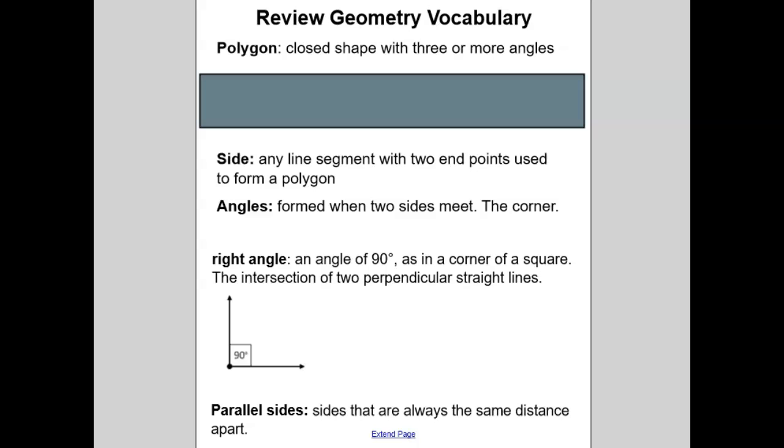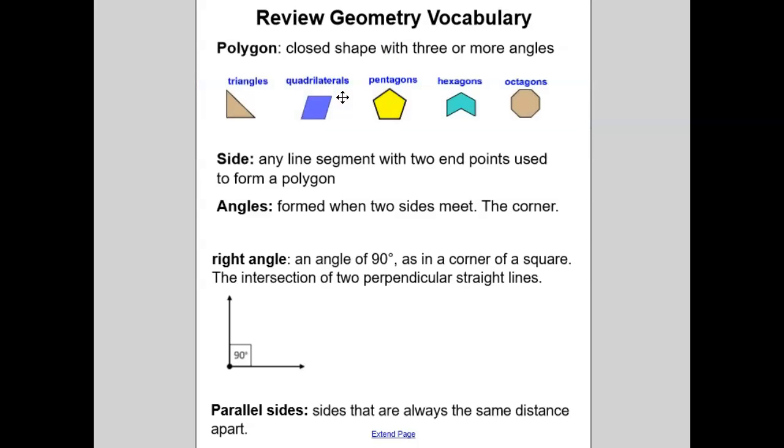Boys and girls, there's even more that you know. You know that a polygon is a closed shape with 3 or more angles. I have another task for you. Would you please pause the video and write down the names of all the polygons that we've learned about over the past 5 days and their attributes? 3rd graders, which of you were able to remember the names of all of the polygons we learned about?